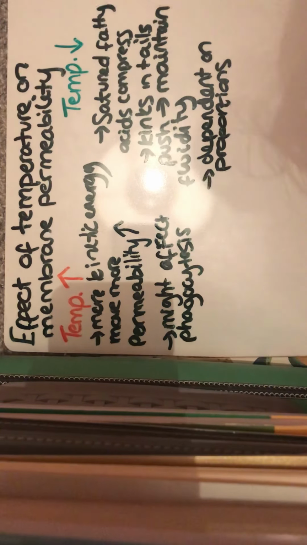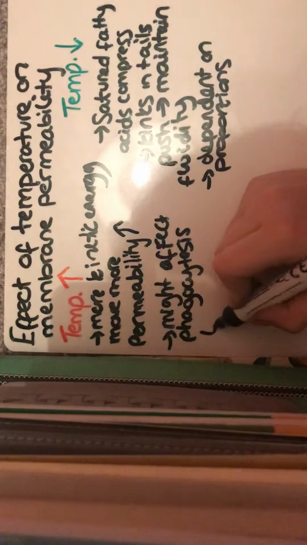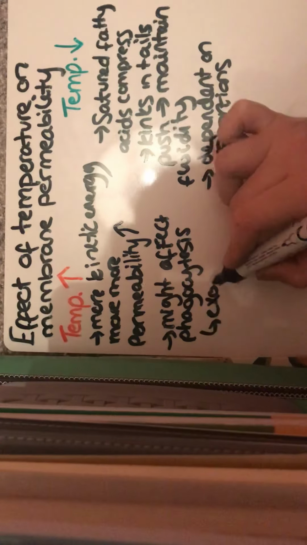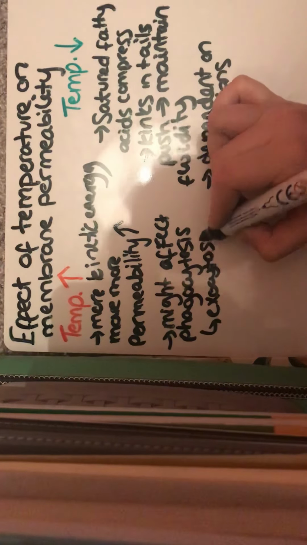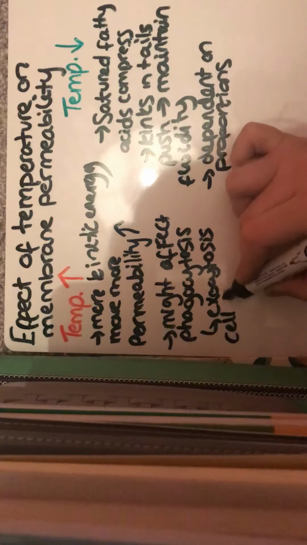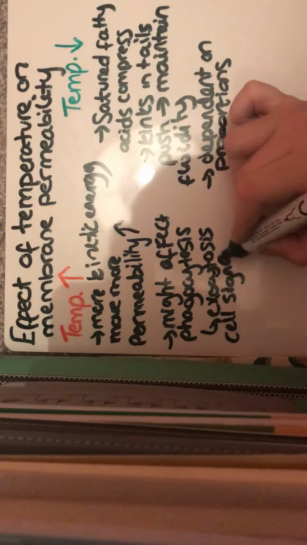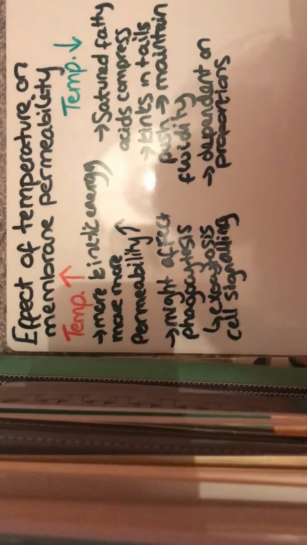An increase in membrane fluidity may also change the ability of cells to signal to other cells by releasing chemicals. So again, we've got exocytosis of releasing chemicals, cell signalling are all going to be affected by this temperature increase.